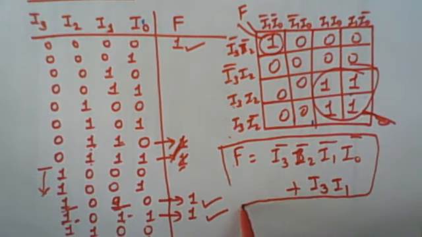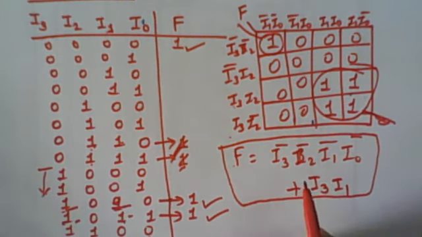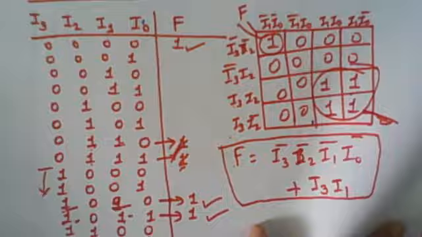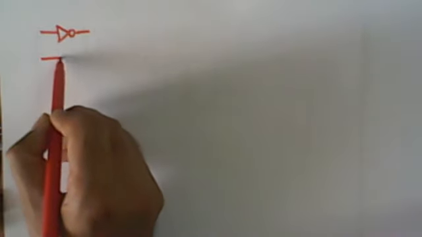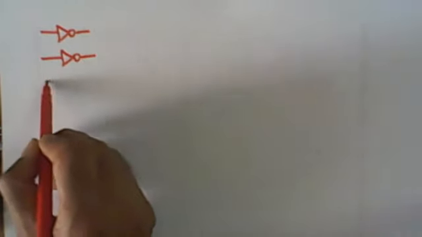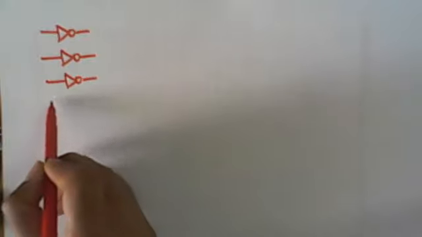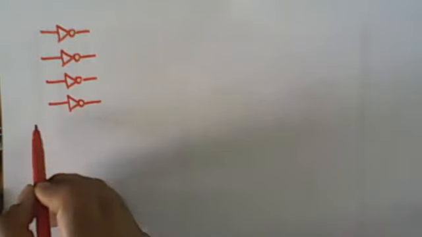And the next step is we have to implement this logic using a logic diagram, using logic gates. So let's implement F using the logic gates. Okay. So let's have I3 bar, I2 bar, I1 bar and I0 bar.